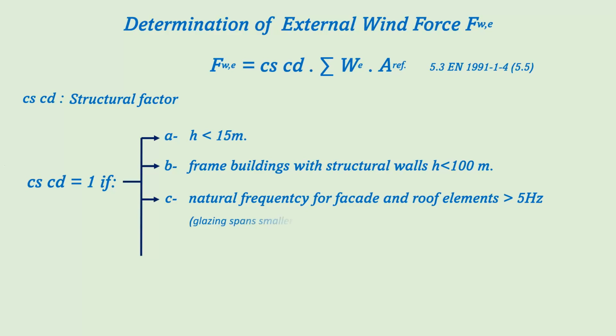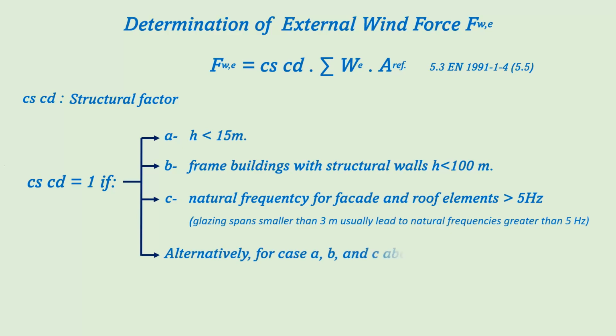Glazing spans smaller than 3 meters usually lead to natural frequencies greater than 5 Hz. Alternatively, for cases A, B, and C above, CSCD may be derived from 6.3.1 Eurocode 1991.